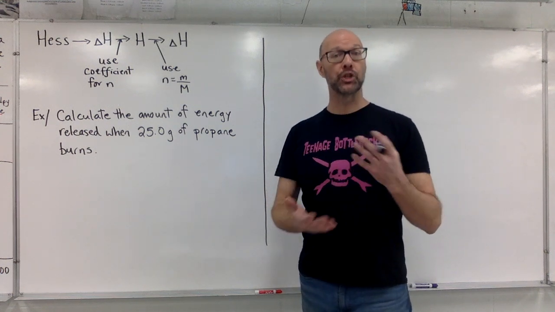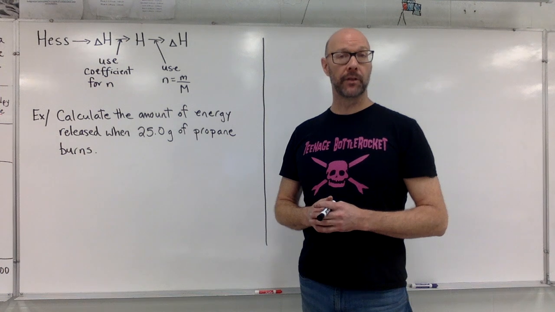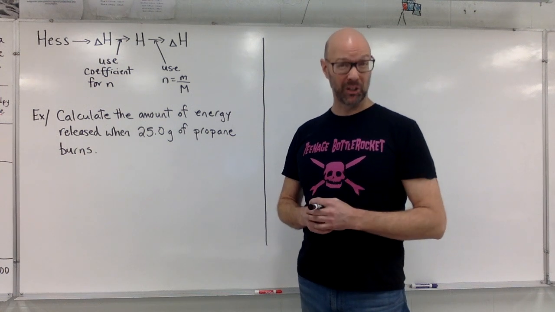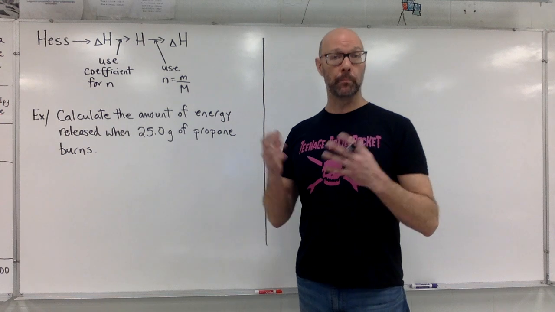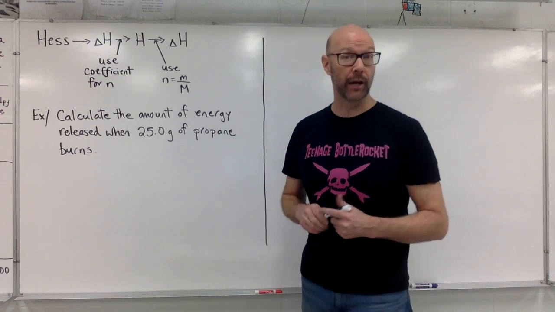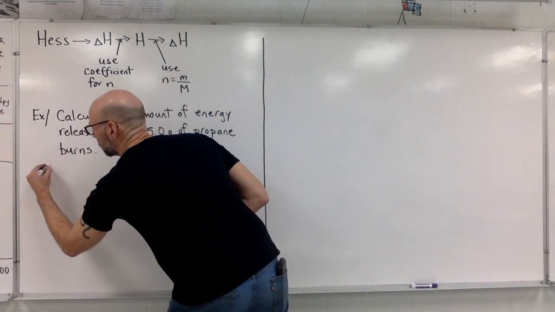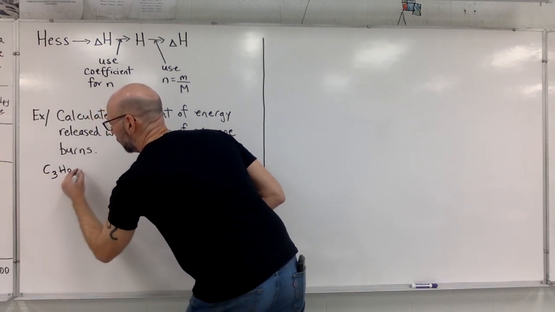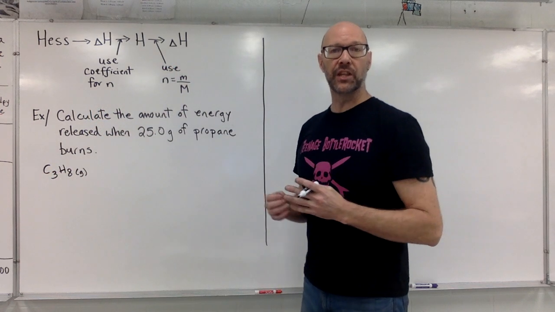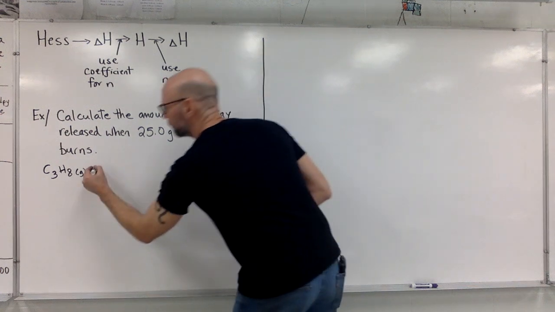You might need to double check in your data booklet some of the chemical formulas. You might have to look up the formula for propane itself. It might take a second to balance the reaction. I'm going to dive right in. Propane is C3H8. It's a gas.